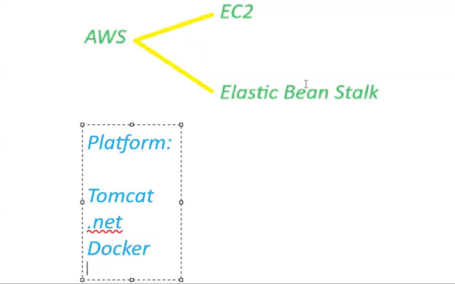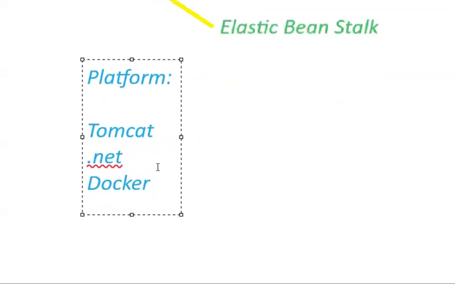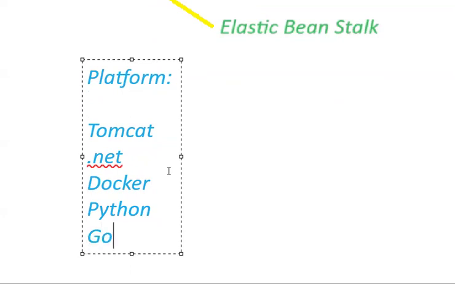Since we code in Python, does it provide a Python platform? Yeah, it has a Python platform as well. It also has a Go platform. In this way, based on need, we choose a platform and provide a few configurations.